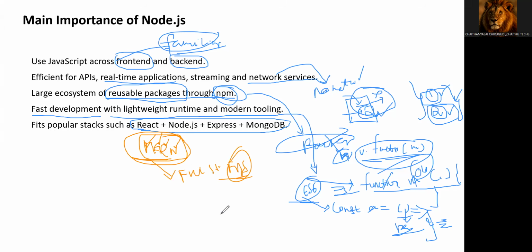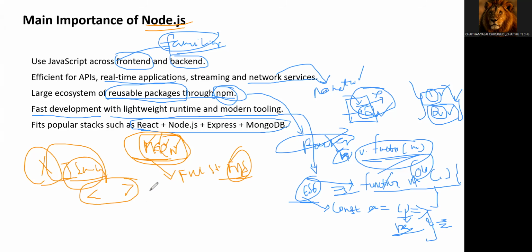That's why I chose this: Node.js is a very important and familiar runtime environment. See one thing, it is not a programming language, it is a JavaScript scripting language. Programming and scripting languages have much difference, because a scripting language is enclosed with tags, but normal programming is enclosed with braces. That is the most important.